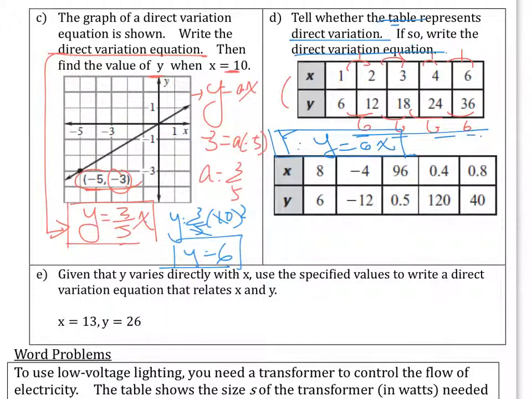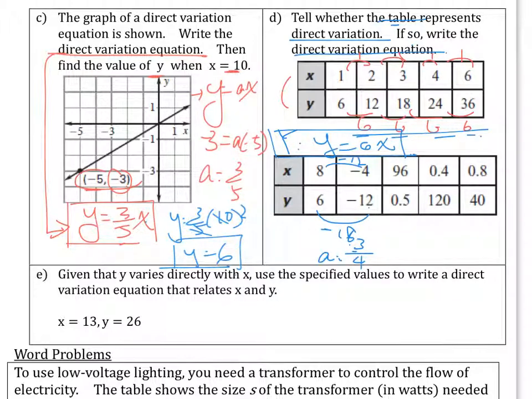And for the next one, this would be -12 subtract 6 is -18. -4 subtract 8 is -12, and so the constant will be what? -18/-12, 3/4.